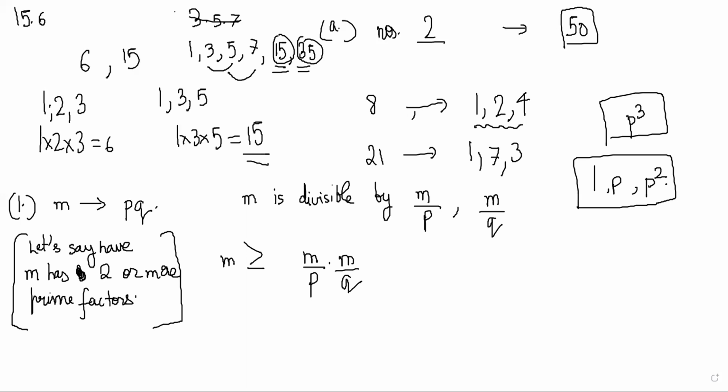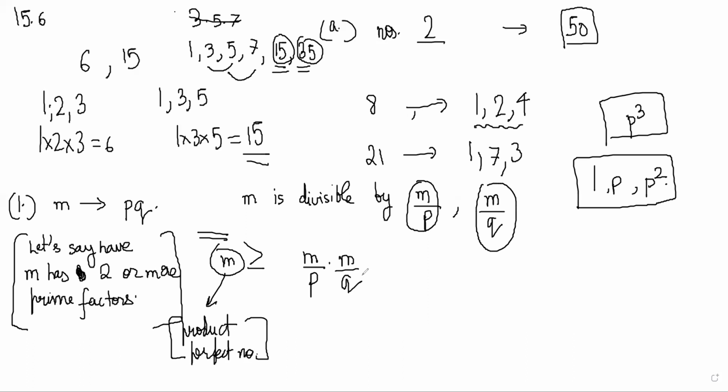Product of the divisors, because we are assuming here that M is a product perfect number, right? Yeah. Product perfect number it is. So M is equal to the product of all divisors, right? Yeah. And these are 2 divisors, right? So M must be greater than or equal to M by P and M by Q, right?